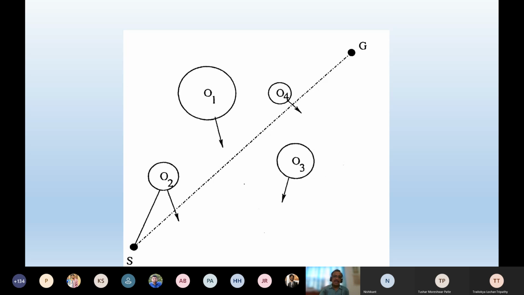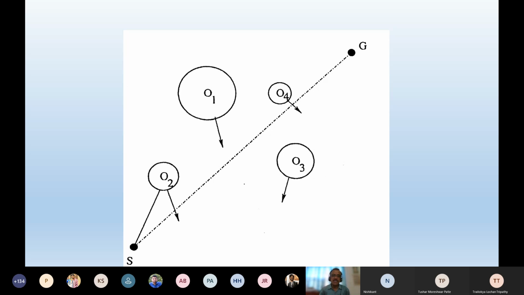Now, if there are any such moving obstacles, this path may not remain a collision-free path. Before I try to find out the time optimal path or distance optimal path, I'll have to ensure that the path is collision free. If the path is not collision free, you cannot find your optimal path.